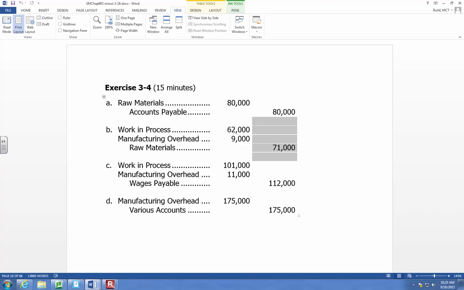What if I'd also told you in number C that I paid my advertising staff and I paid my sales staff? You'd have 2 more debits. What would they look like? Sales what? Sales salary expense.